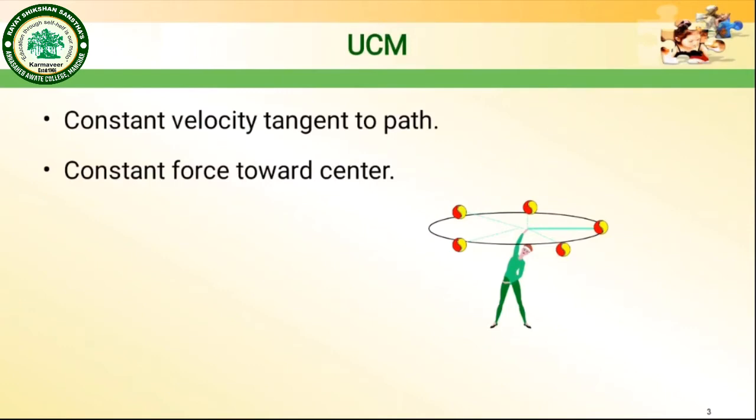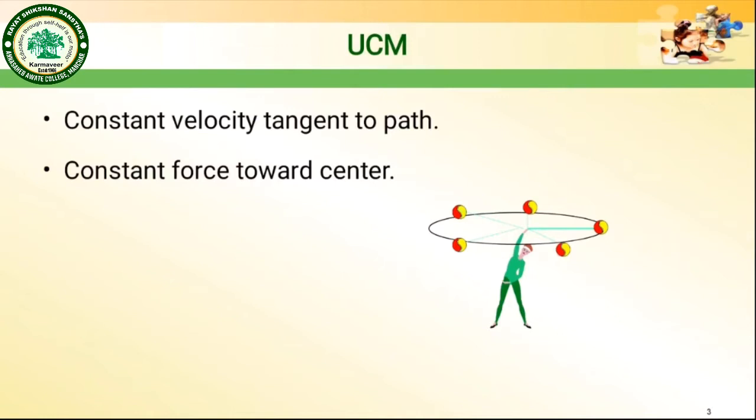From the figure, we can see that the velocity is tangential to its path, and the force is constant and its direction is towards the center. If a particle is moving in a circle, it must have some acceleration acting towards the center, which is making it move around the center.